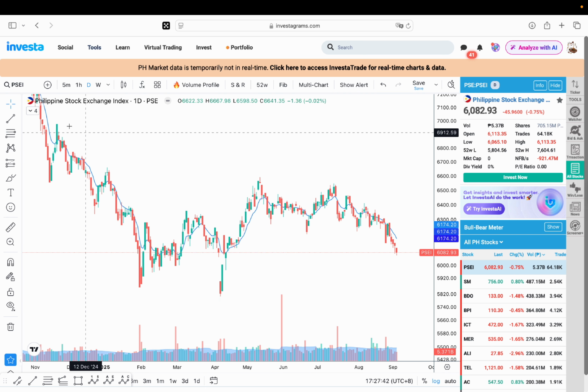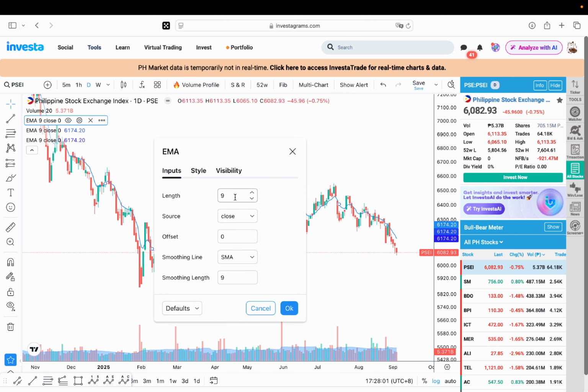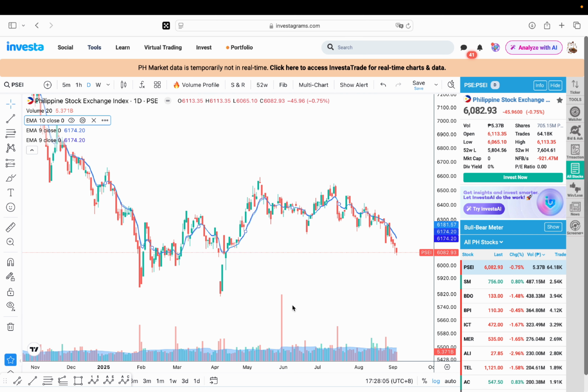So basically what this does is depending on the time frame or depending on the period that you set here in this indicator, it would calculate the average prices during a certain period of time. Say for example, if I set the input to 10, this basically calculates the average price that the stock is trading at for the past 2 weeks.